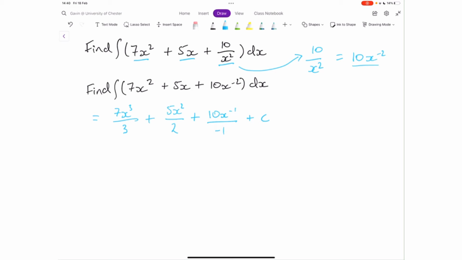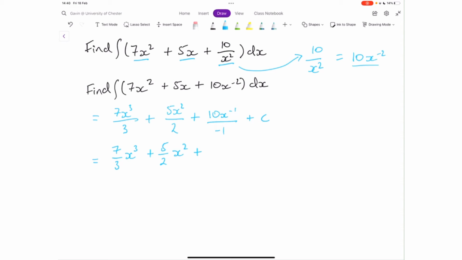Now we can simplify that slightly. The first one we can't really simplify because it's going to lead to a decimal place, so that just becomes 7 over 3 x cubed. Same again, 5 divided by 2 x squared. Plus, now I can simplify this one slightly.